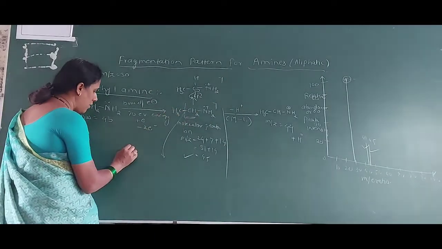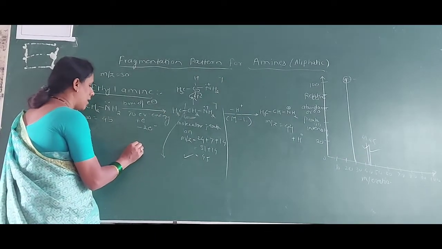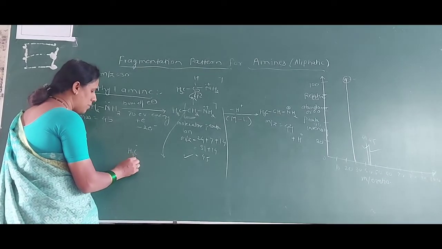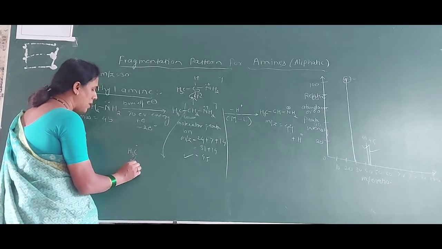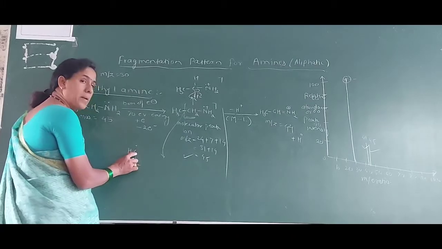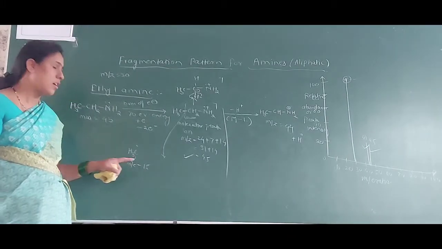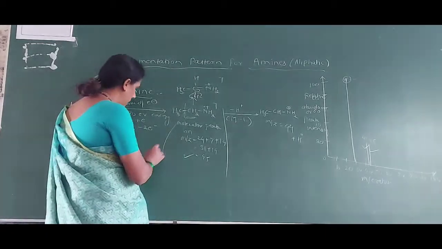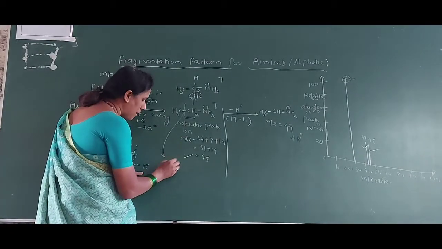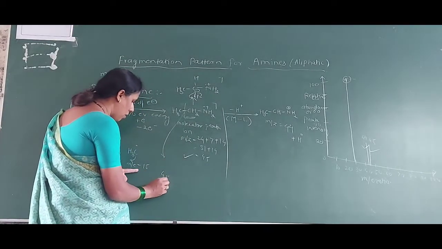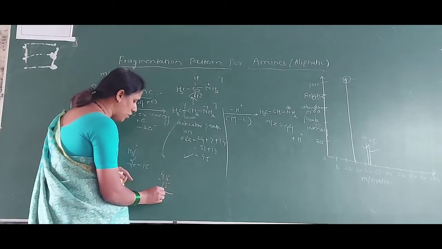Now, if we remove this CH3 as a radical, what is the mass of CH3? That is 12 plus 3. 12 plus 3 means what? That is equal to 15. Now this 15, if we subtract from this 45, we get how much here?